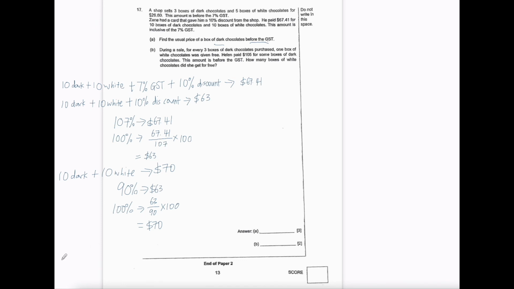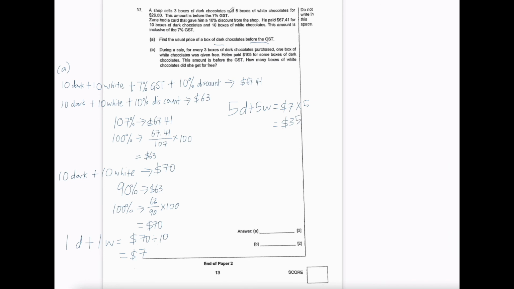So what is 1 dark plus 1 white? It will just be $70 divided by 10, which is $7. Now let us find out what is 5 dark plus 5 white. It will be $7 times 5, which is $35.